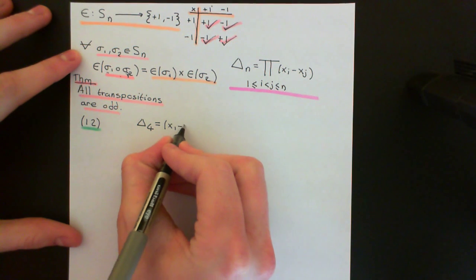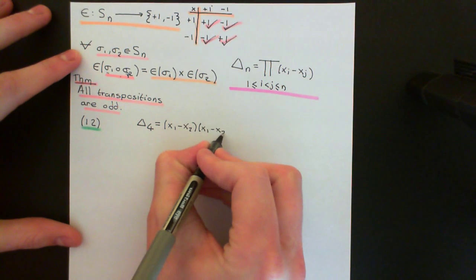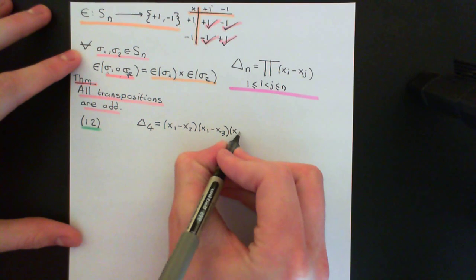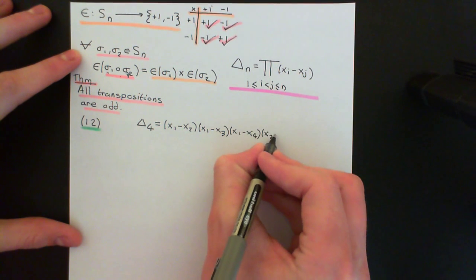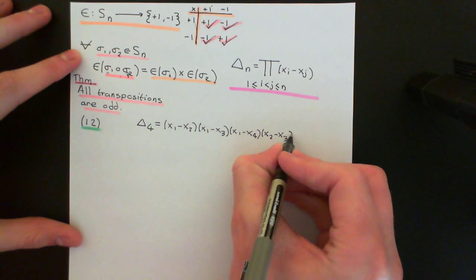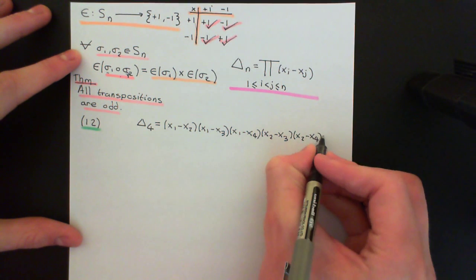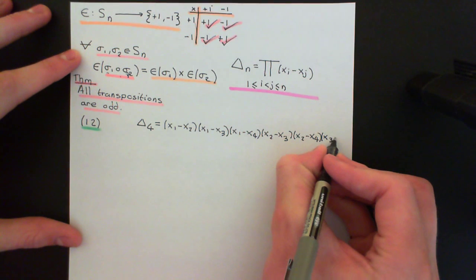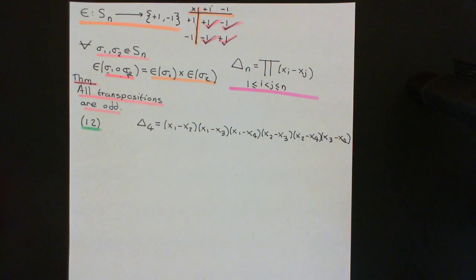Remember, this is (x1 - x2)(x1 - x3)(x1 - x4)(x2 - x3)(x2 - x4)(x3 - x4). Okay, so here's my polynomial, delta 4.